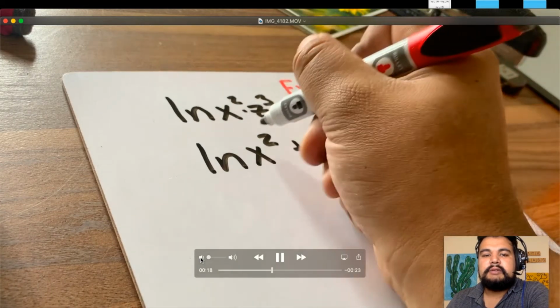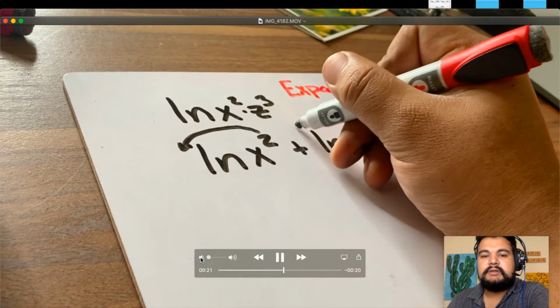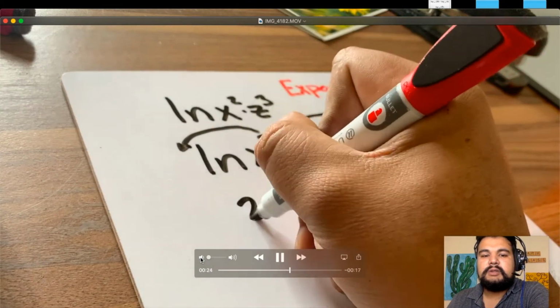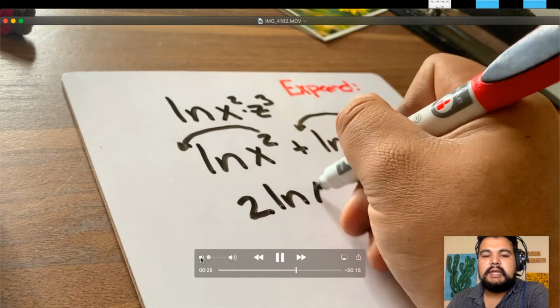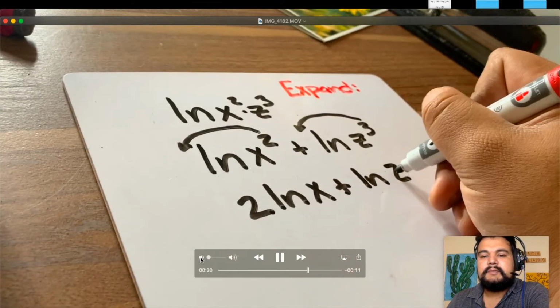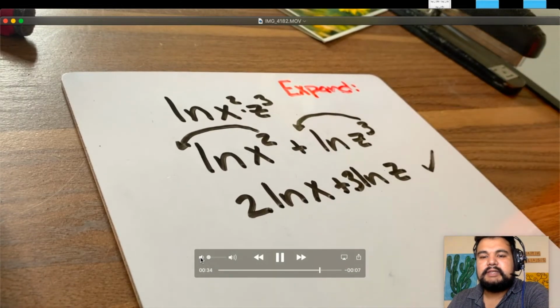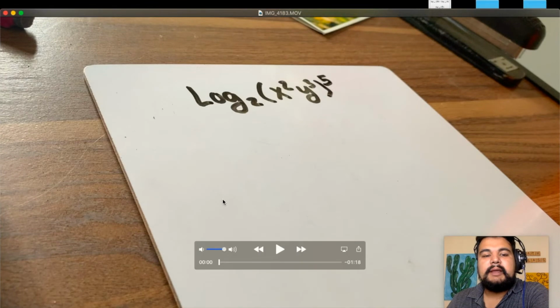And then now that we separated the ln's, the multiplications with addition, we're going to shoot the power down. So it's ln of x plus, I had the 3 in the front, right? And that's it.